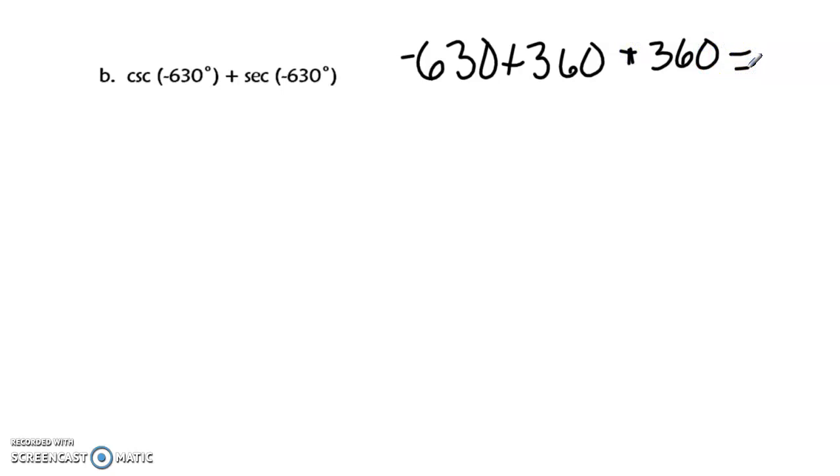What's that positive angle? So it lies at 90 degrees on the positive y-axis. And that's going to give me the coordinates 0, 1. And remember, r is always 1.